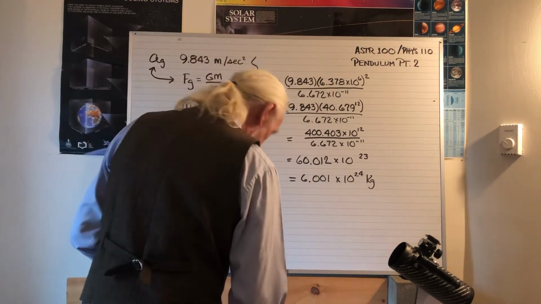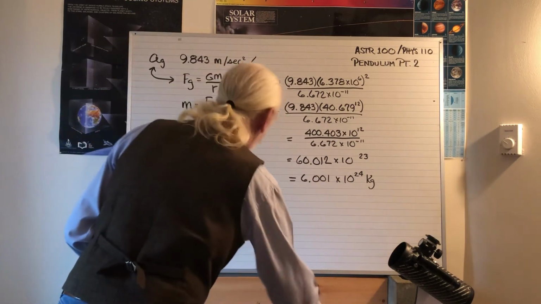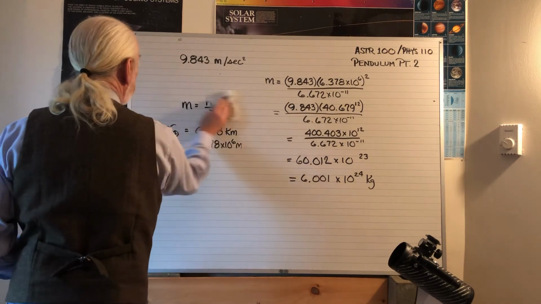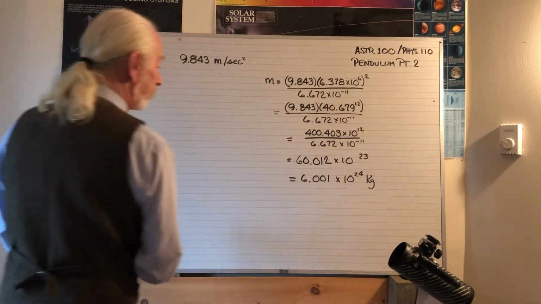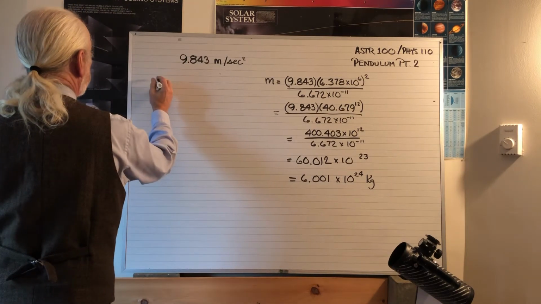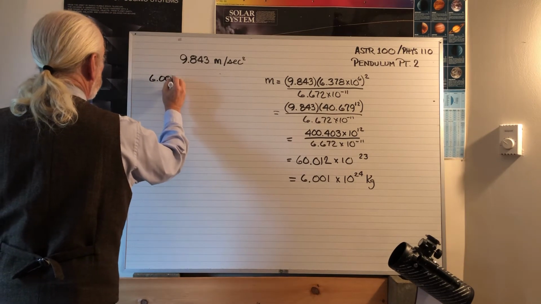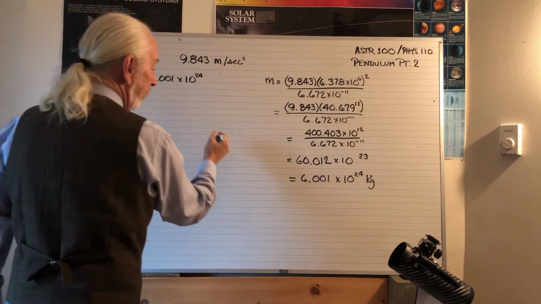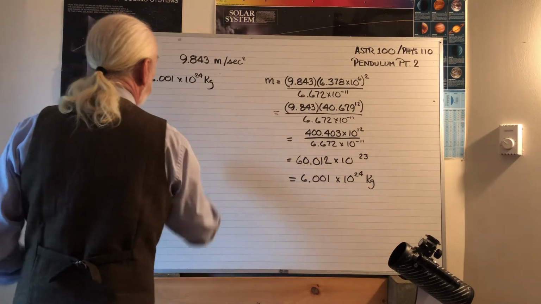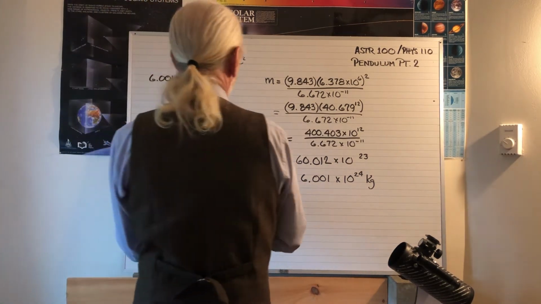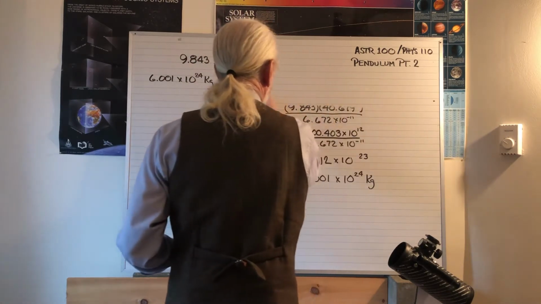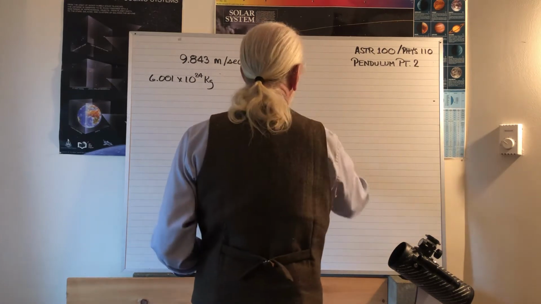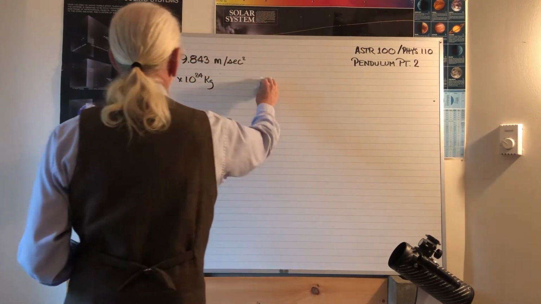So we're going to hang on to this figure here, 6.001 times 10 to the 24th kilograms. We'll leave this up here.